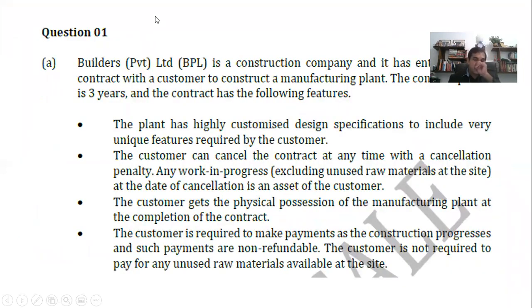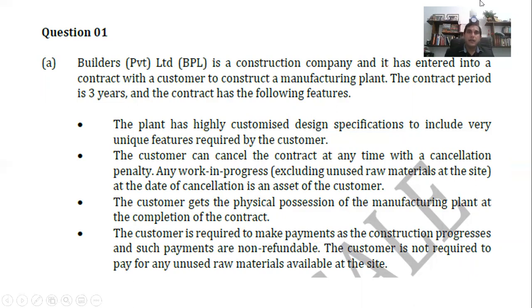discuss practice question number 1 part A. Question number 1 part A. Please read this one. I will give you a couple of minutes.